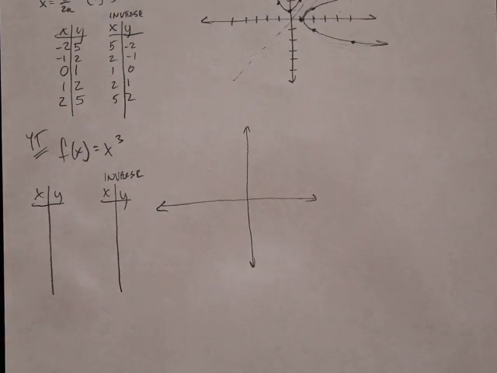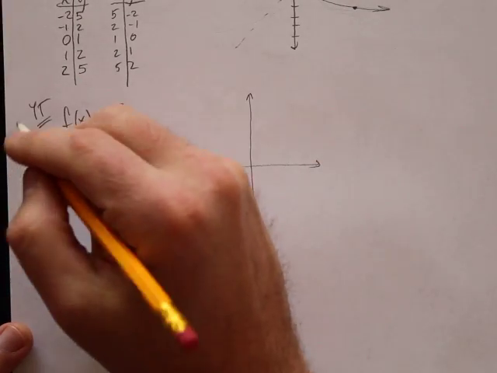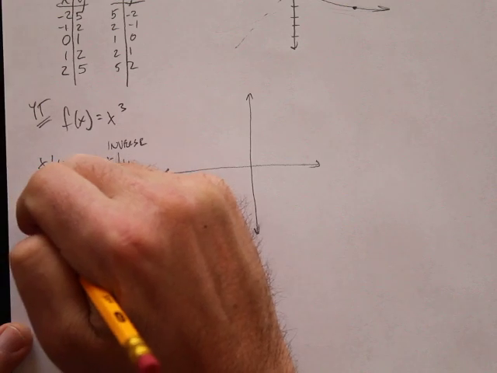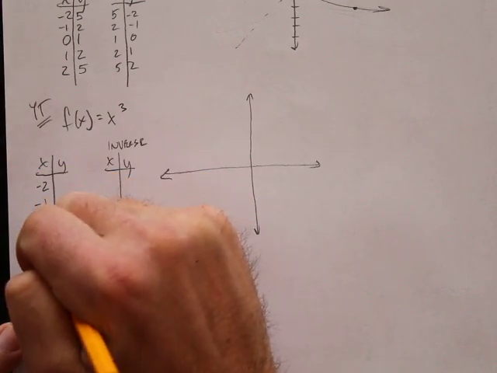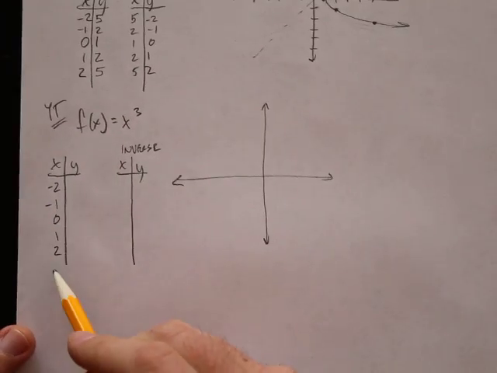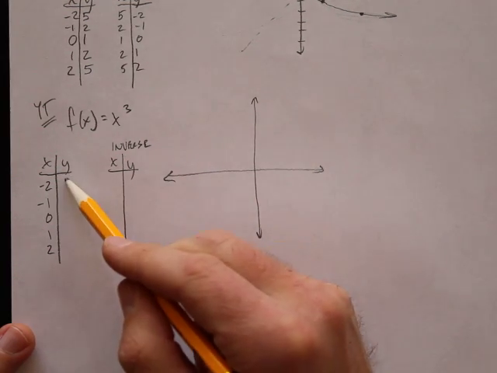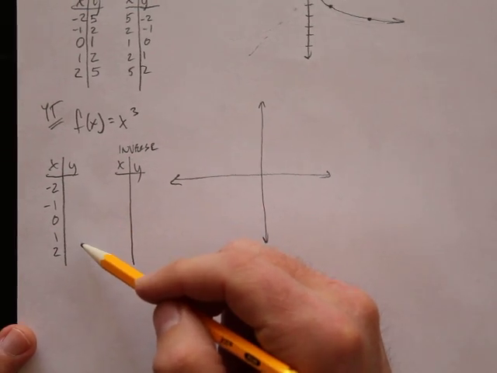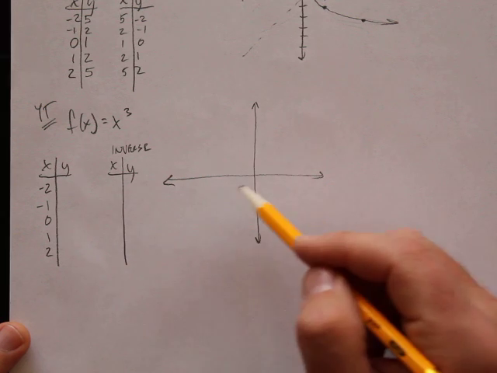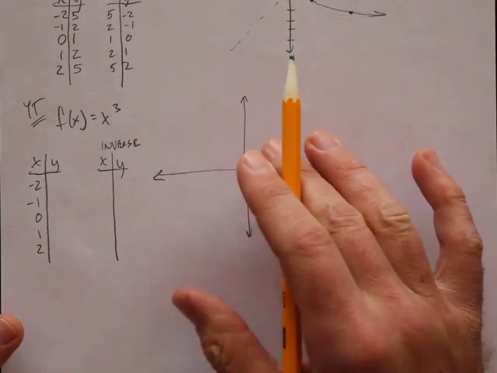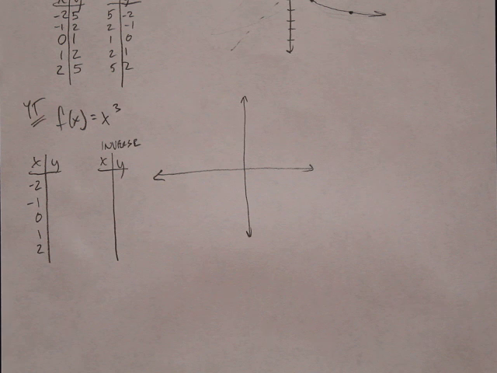I'm even going to give you the points to plug in for x, the values for x: -2, -1, 0, 1, and 2. Plug in these values for x, draw your shape. After you find your y values, of course, then switch them and draw that one as the inverse. Okay, ready? Pause and go.